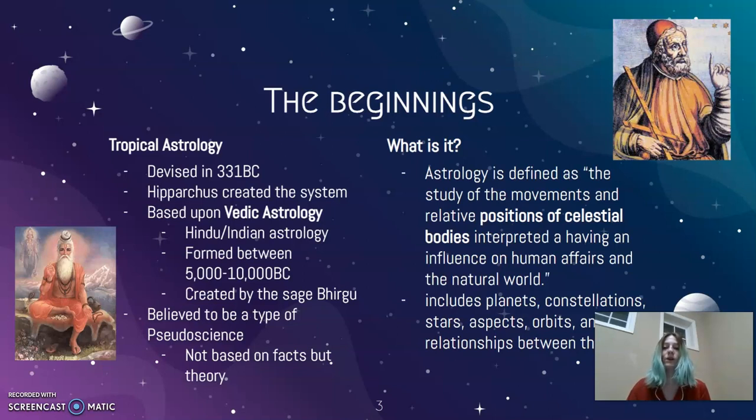Astrology in general is believed to be a type of pseudoscience, meaning it's not based on facts but theory. So take this with a grain of salt. It's not science like geography or whatever. People call it pseudoscience because there's not really any fact behind it.